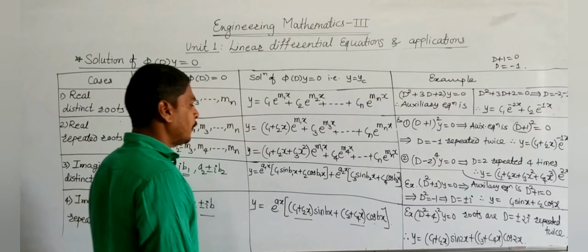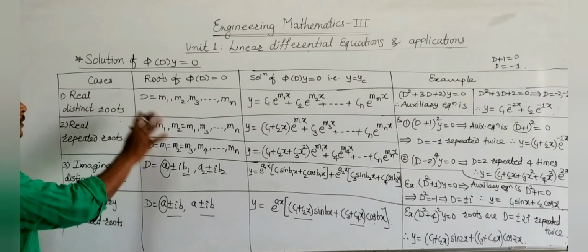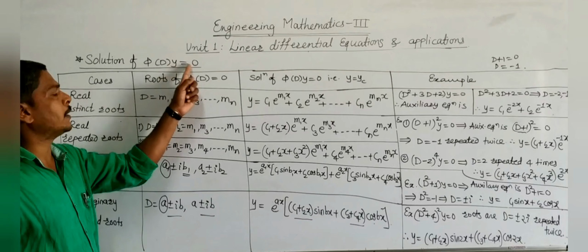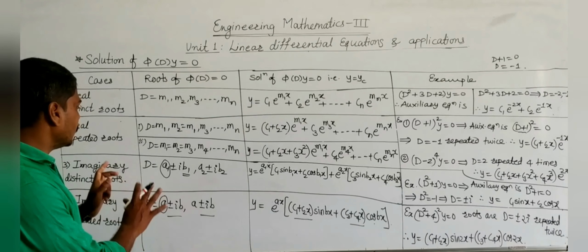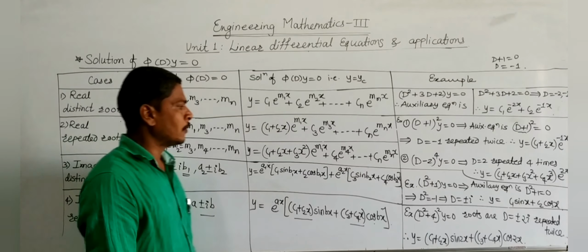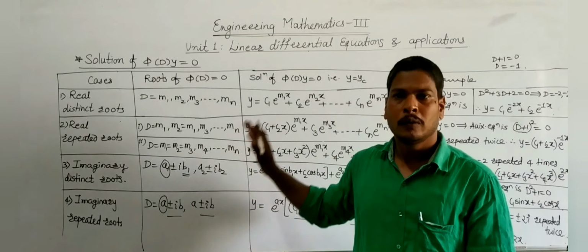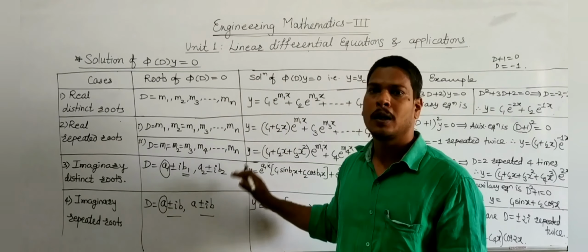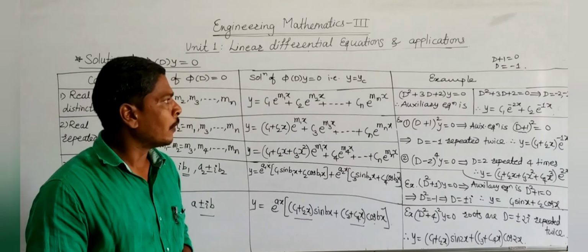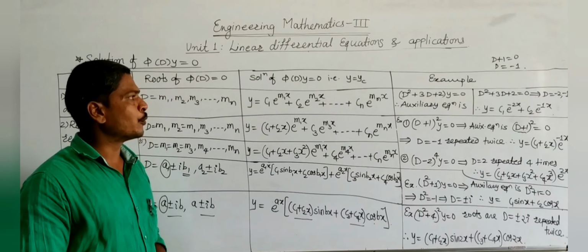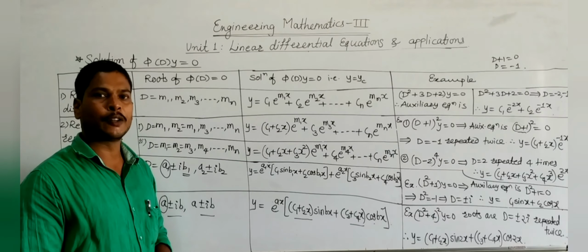So in that way these are the four various cases for finding the solution of phi(D) y equal to 0. Just observe this and try to remember all these things, which are useful in our next examples in which we are required to find the complementary function.